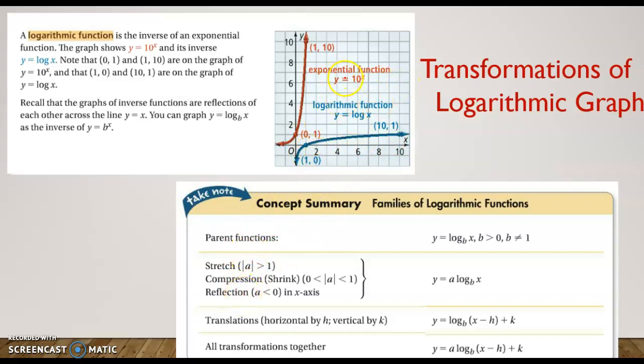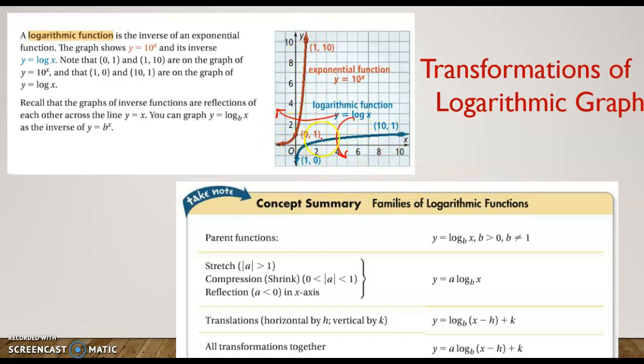It's a reflection if it flips over the x-axis or if it flips over the y-axis. There's your parent function. So all of this is nice to have down, but it's nothing different than what we've done if you've got the basic graph.